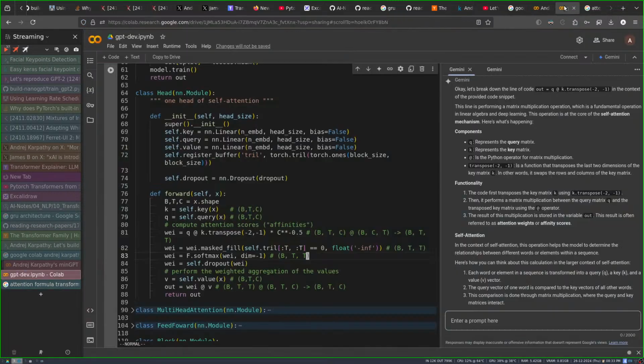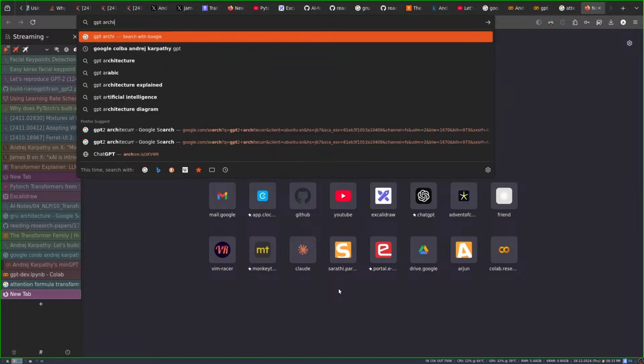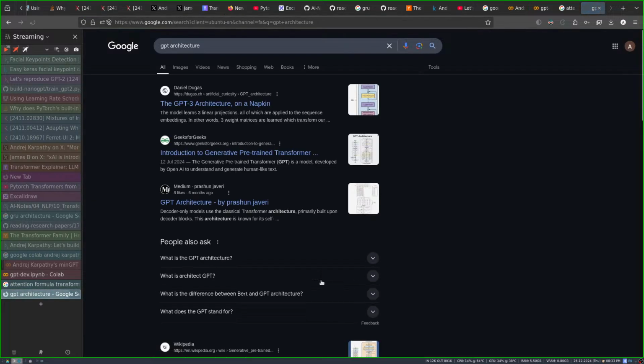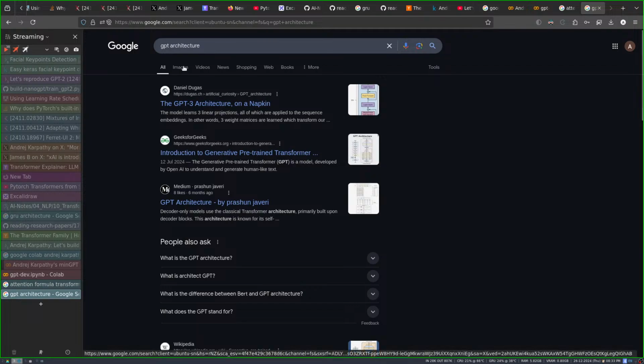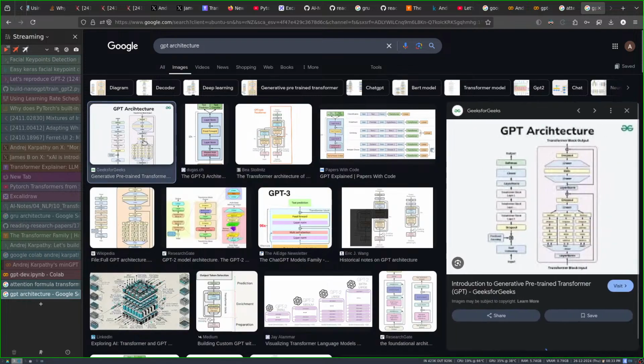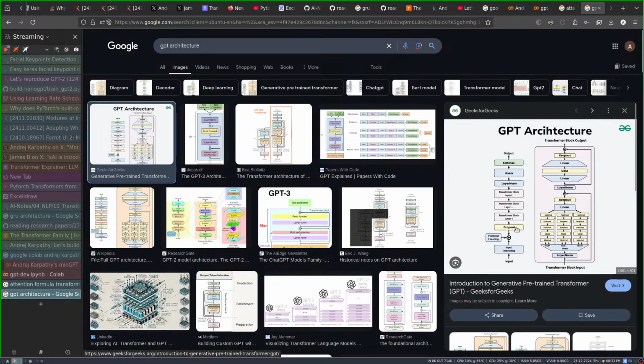Now you take the softmax and then matrix multiply with the V. But before all that, GPT architecture. Okay.